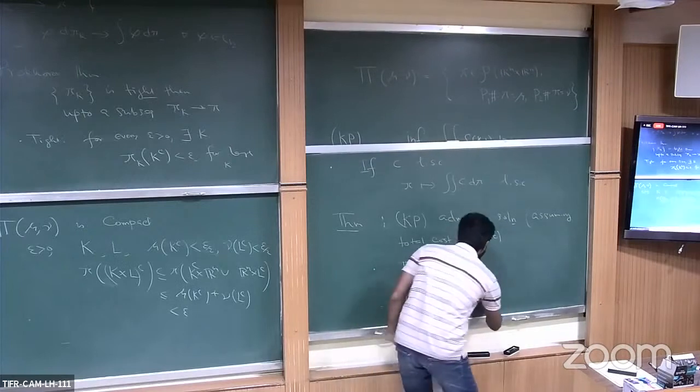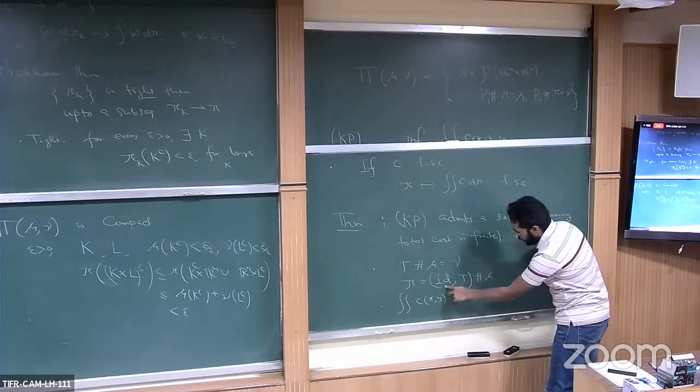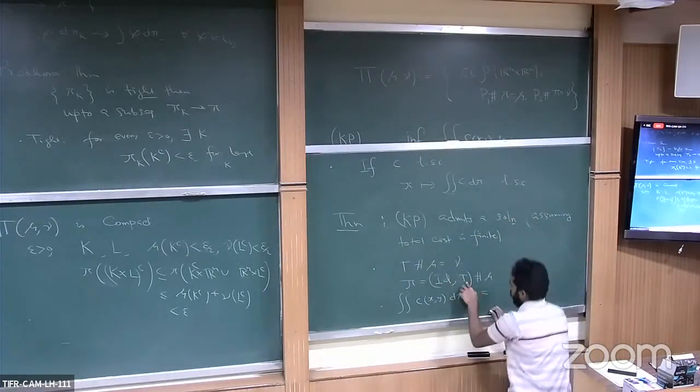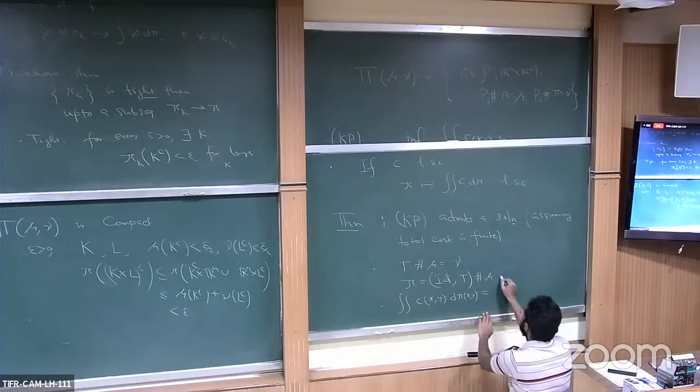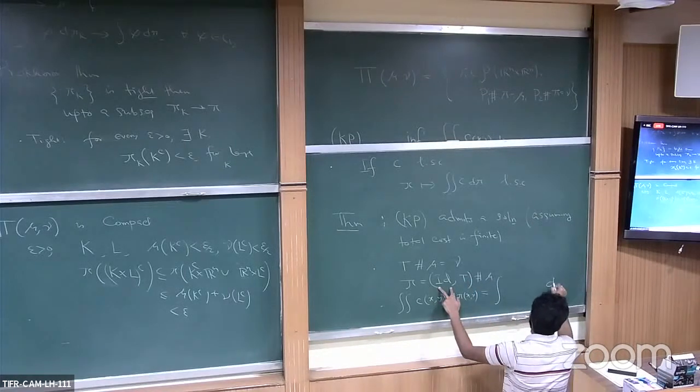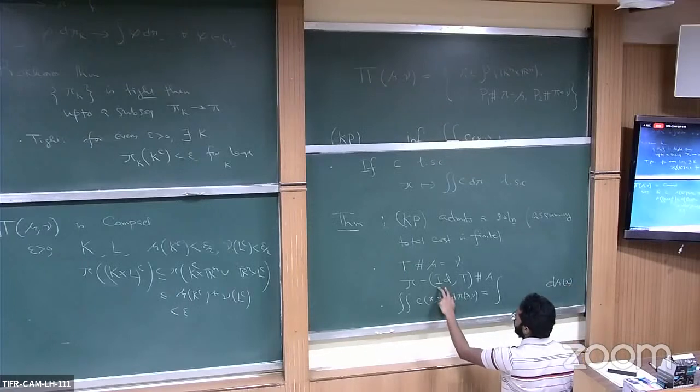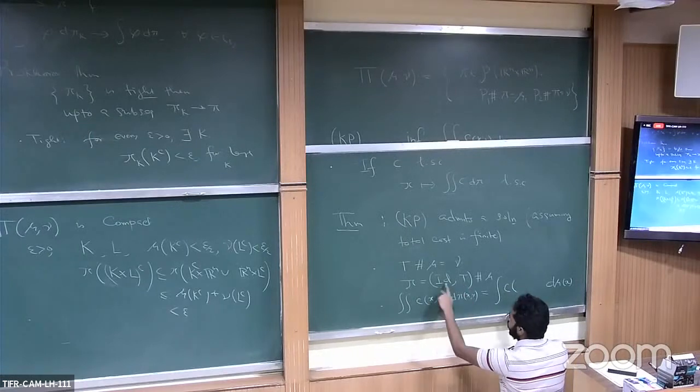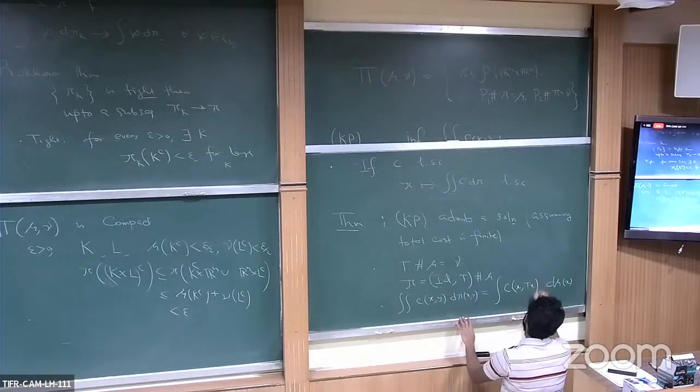Okay. Now you see pi is just the identity and T push forward, right? So when I want to write with respect to mu, right? So this is the push forward d mu x. So I have to compose C with this map identity and T, right? So C composed with identity and T is C of the first component, which is identity x, the second one is T, right? So Tx.